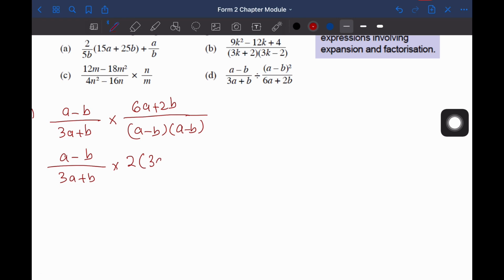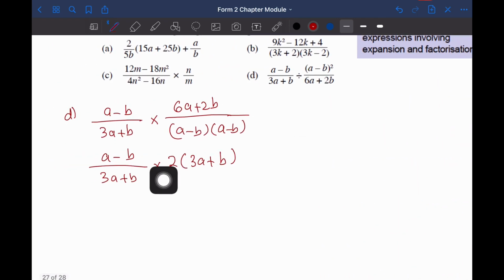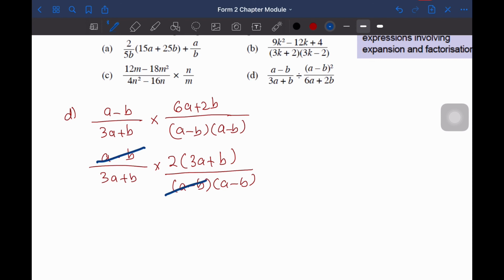So 3A plus B. Betul kan? Tengok balik. 2 darab 3A dapat 6A. 2 darab B dapat 2B. Okay. So A minus B, A minus B. So kita potong mana yang berkenaan. Potong. So apa yang tinggal? So your final answer is 2 over A minus B.